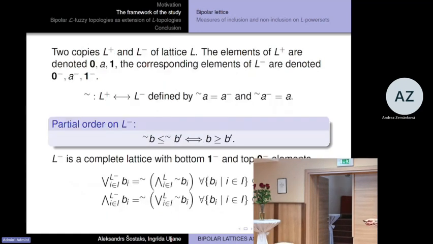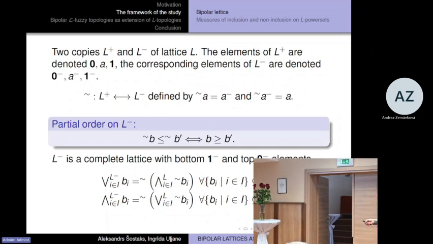Now we consider two copies of the lattice L, one positive L and another negative L. We define the order in the negative part just by reversing the order in the positive. In the negative part, b is less than b prime if in the positive part b is larger or equal to b prime. And now suprema and infima can be defined, so this is no problem.